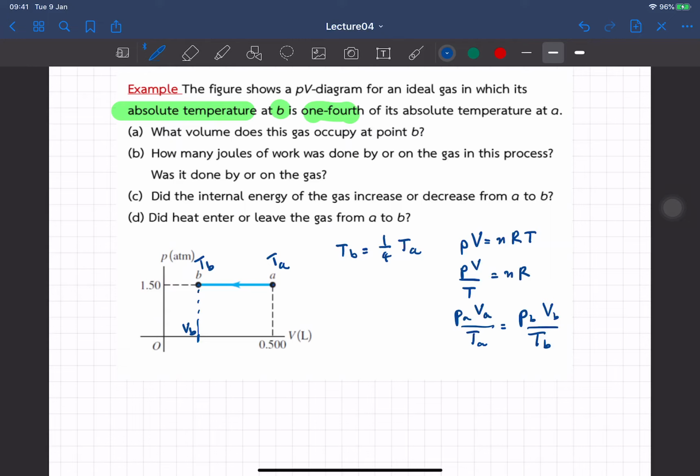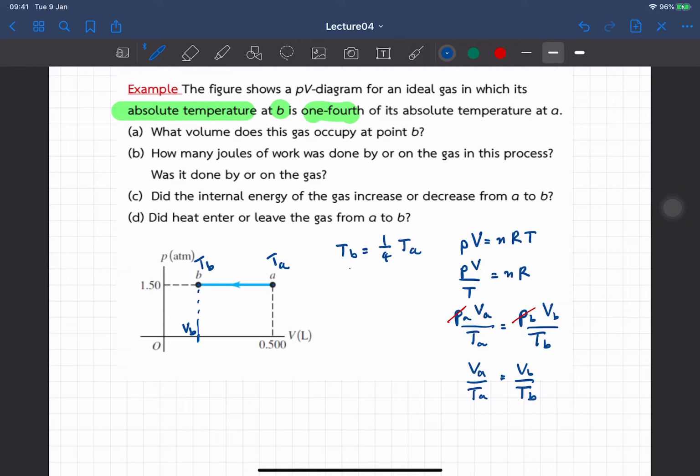And the pressure at A and B is the same, right? Because going from B to A is just a horizontal straight line in the PV diagram. So we can cancel out PA and PB right away. We don't need any numerical value for them in the calculation here. So in the end, we just have VA over TA equal to VB over TB.